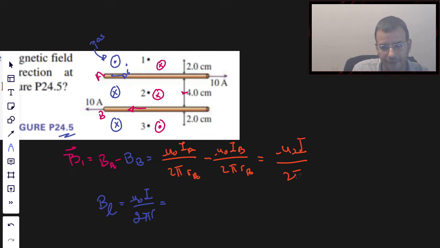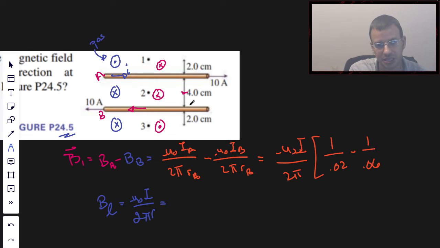Over 2 pi. And then the first one is going to be 1 over 0.02, because it's 2 centimeters converted to meters, minus 1 over 0.06. And 0.06 is 4 centimeters plus 2 centimeters, which is 6 centimeters.